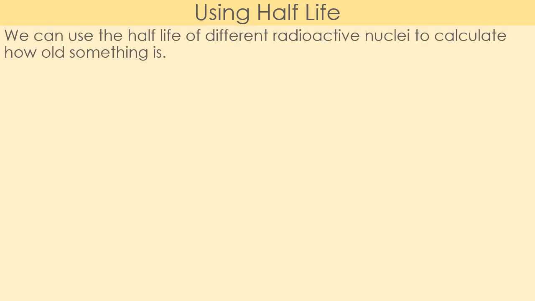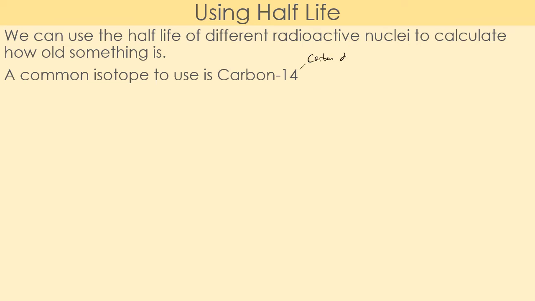So we can use half-life to work out quite a few things. We can use the half-life of different nuclei to calculate how old something is. The most common one we use is carbon-14, and we call it carbon dating. Now we're going to cross over into biology a little bit.